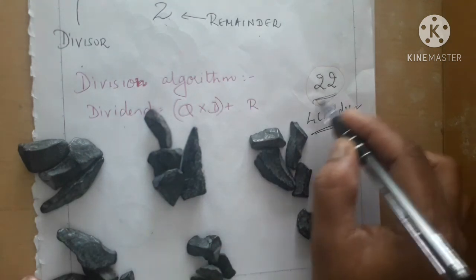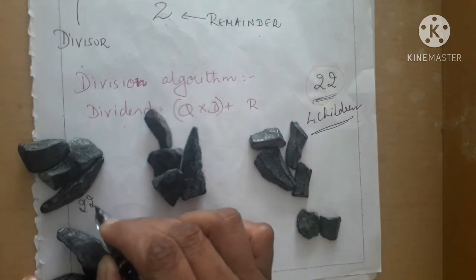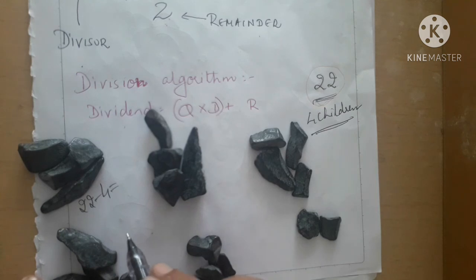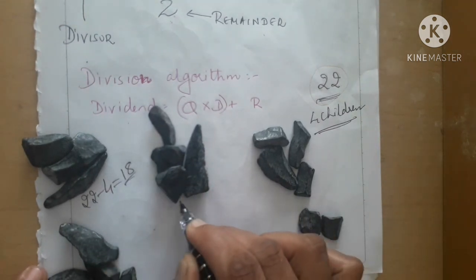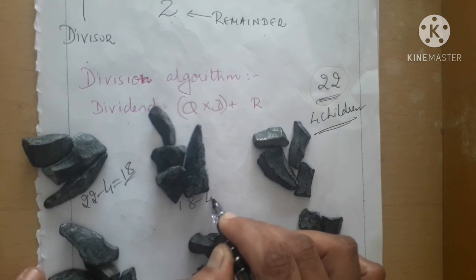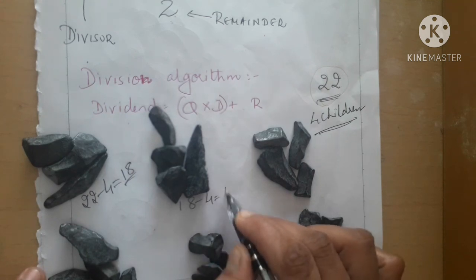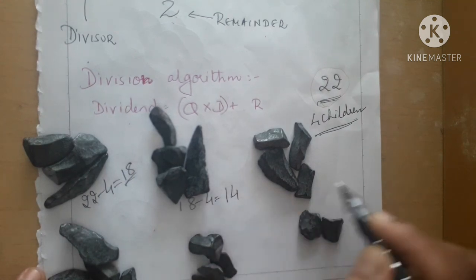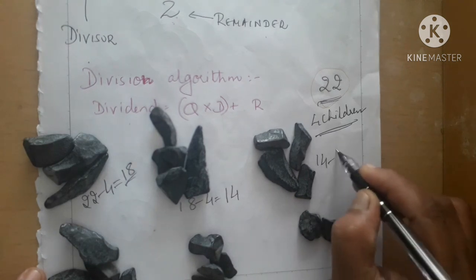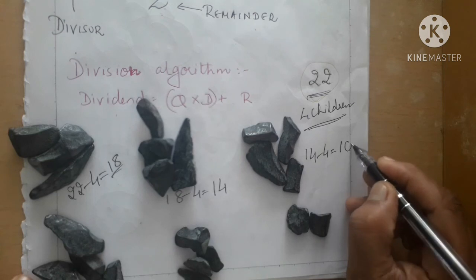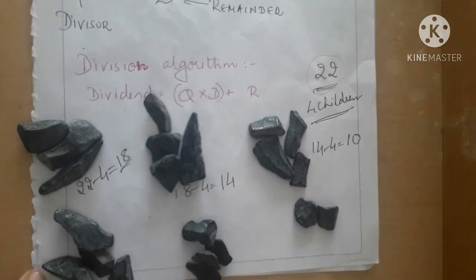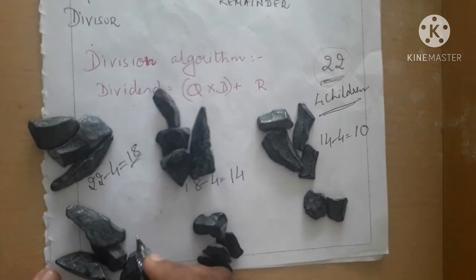22 initially I had. So, 22 minus 4 I have done. That is, I was left out with 18. Then 18 minus 4 I have done. So, I was left out with 14. Then 14 minus 4 I have done. So I was left out with 10 mangoes. Then 4 were given to 4 of the children.